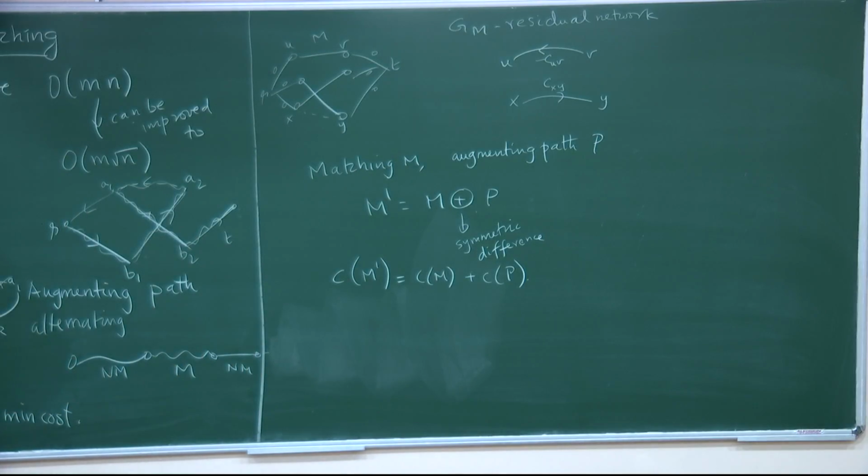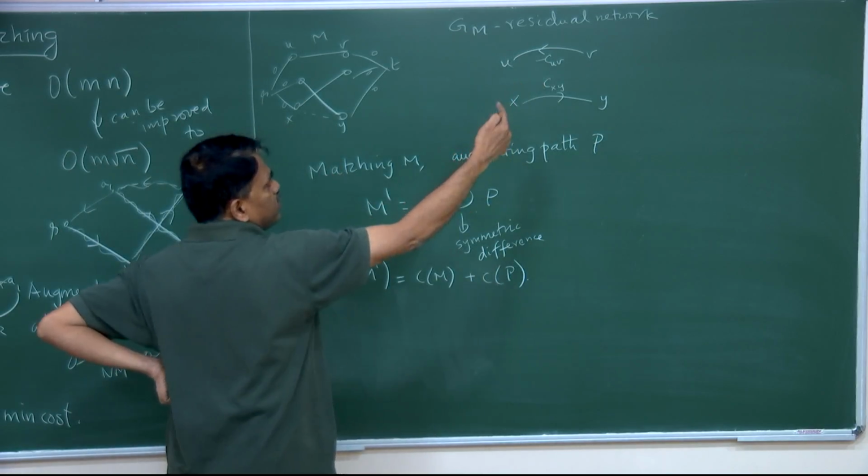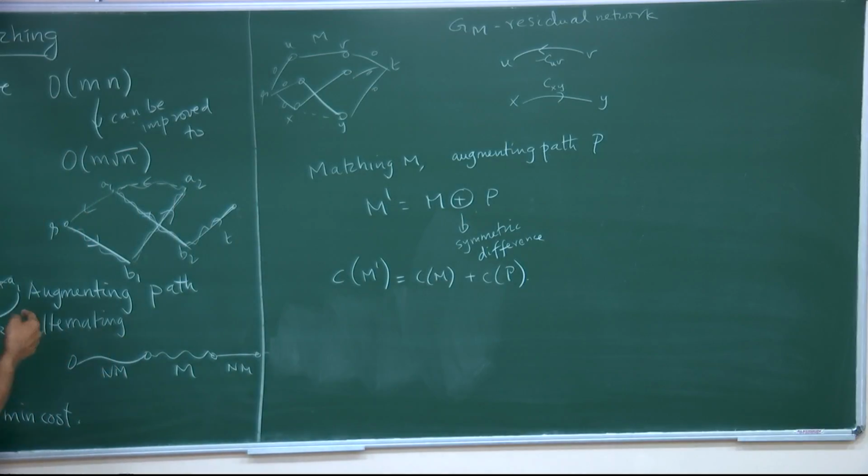I mean, this edge will have cost 0 anyway, these two edges, so ignore that. So now, cost of the new matching is cost of this edge, but A2, A1 will have a minus cost, the way I have defined it, right? This is minus of CUV. So if I take the edge A2, A1, that will cancel out with this. And so it's cost of this plus cost of this. Okay, so cost of M prime.